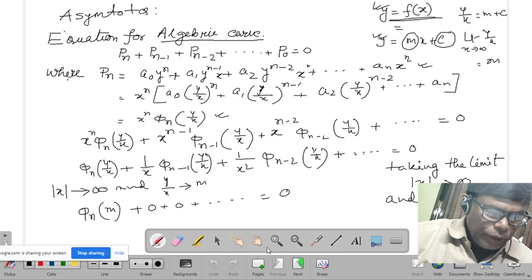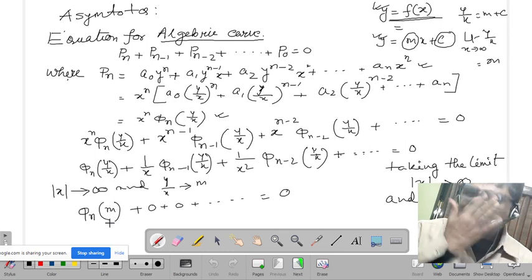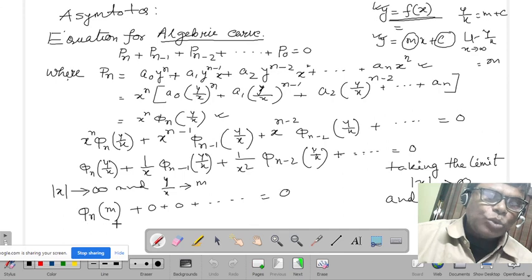Understood? The meaning of this is that you have to make this phi m equal to 0, and y by m is equal to y by x. In that case it will be x by y. So understood? This means you have to find the highest degree term, the coefficient of the highest degree term.